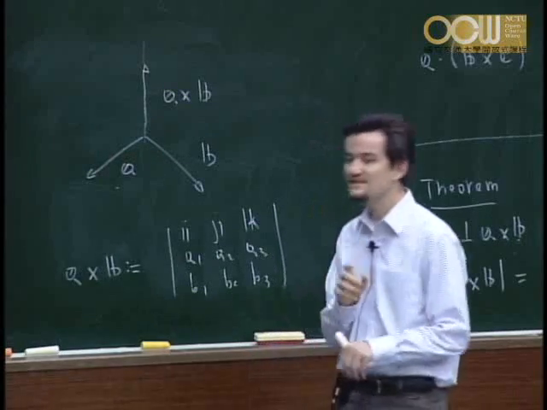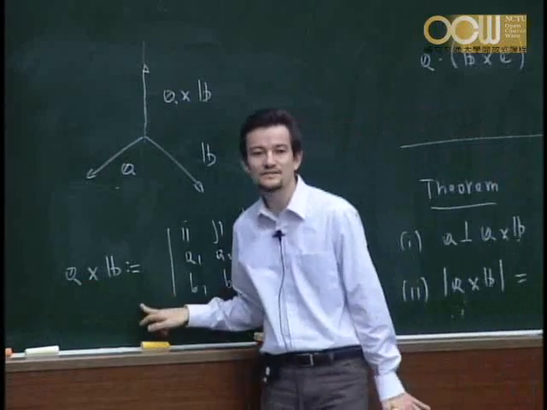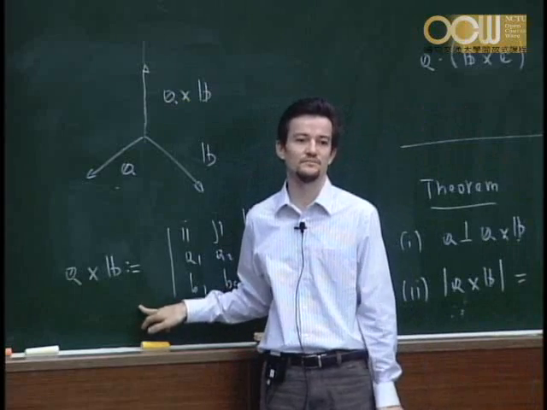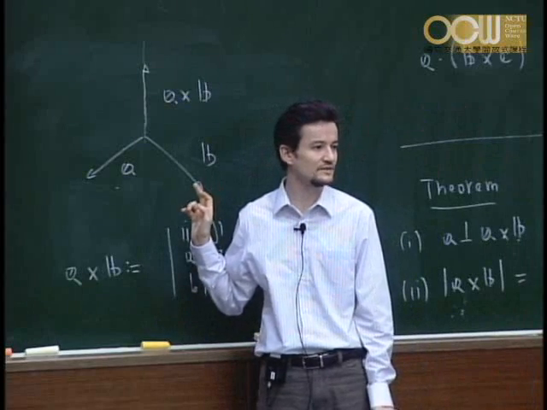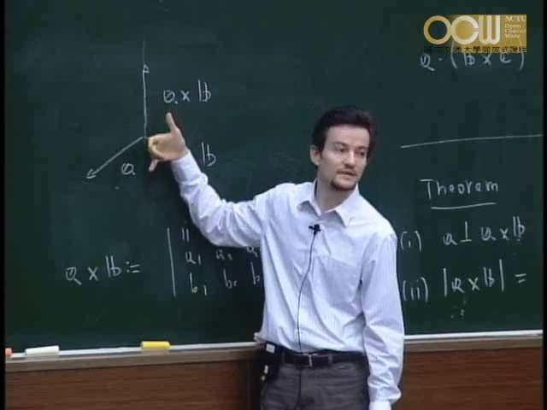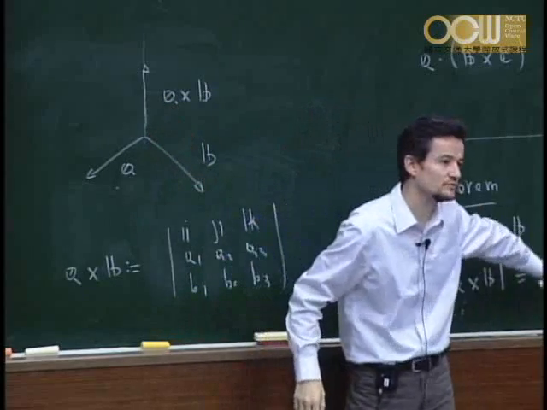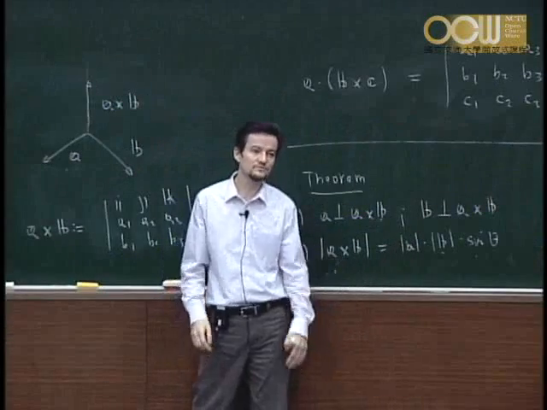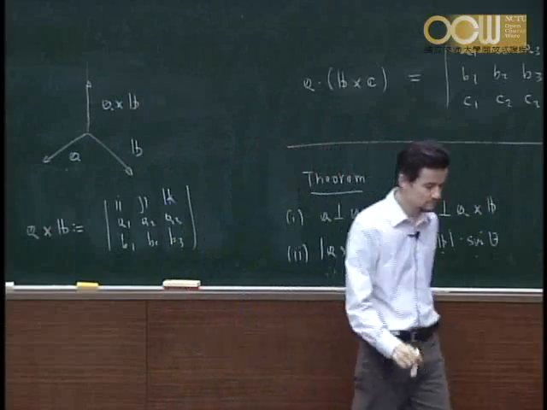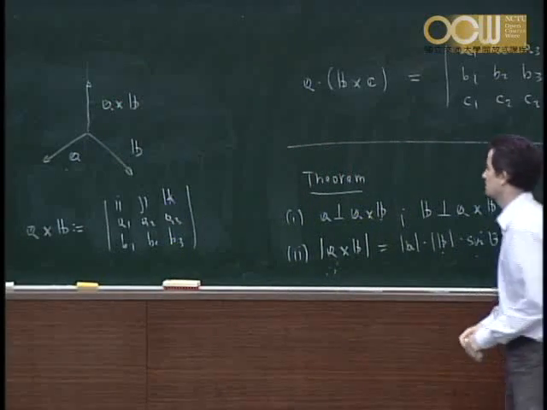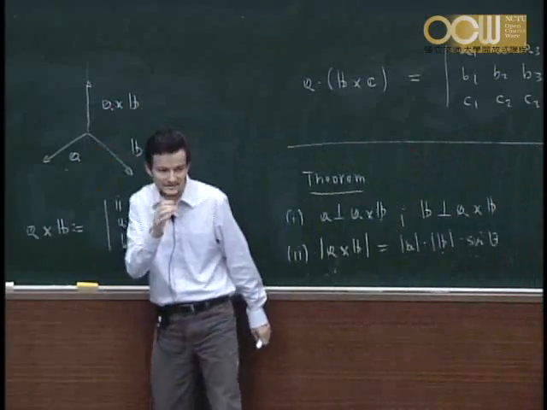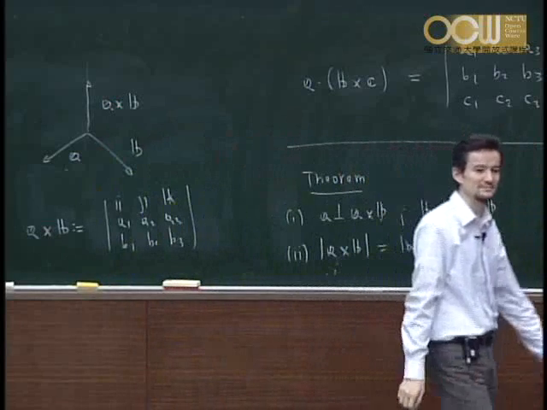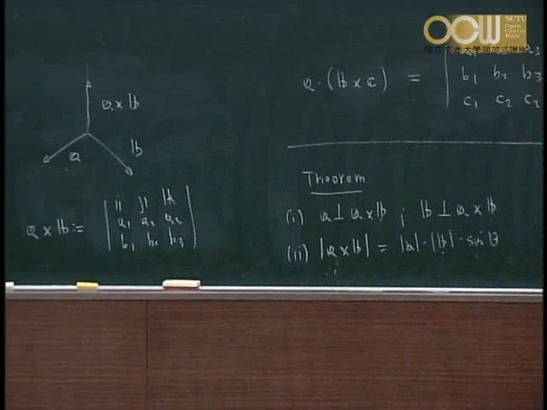So the main thing is, in our textbook, the author should prove that the direction is given by the right-hand rule, but it's not proved. Only these two properties are proved. The reason is that this is not so easy to prove; the other things are quite trivial.